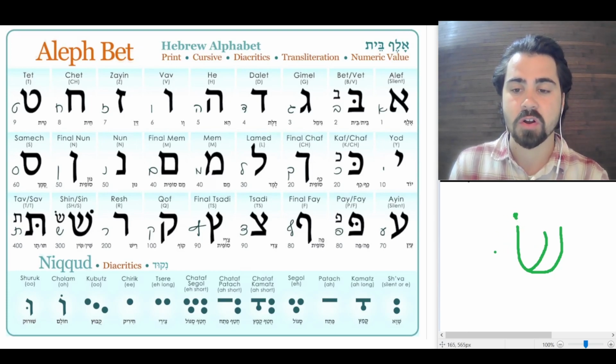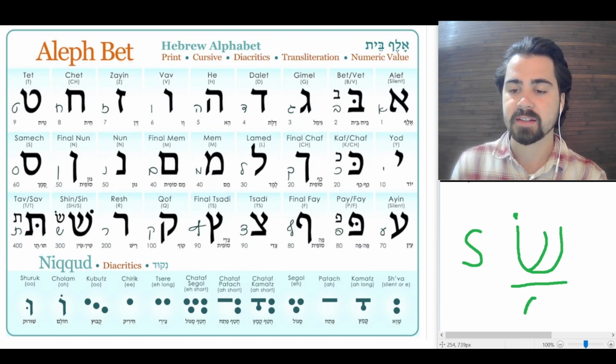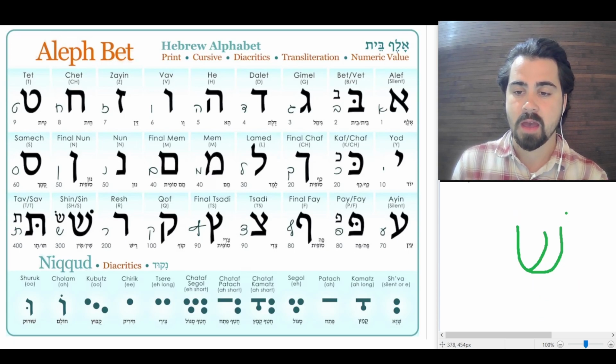If the dot is on the left, now it is no longer sh, but it's s, like samech. So they make the same sound. Like this, it's s. And like this, it's sh.